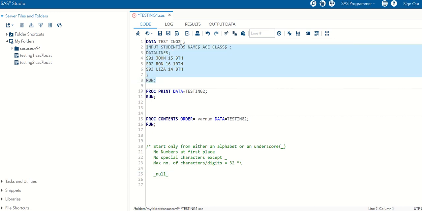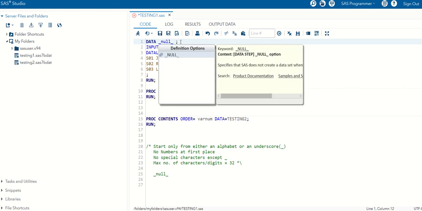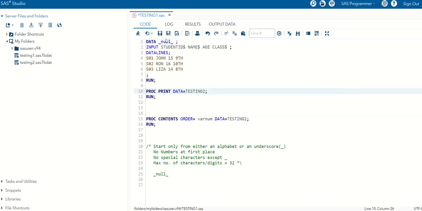So if I give the name like this, it won't save the data set by this name, but it will keep the content in its memory, not as a data set, as I said.